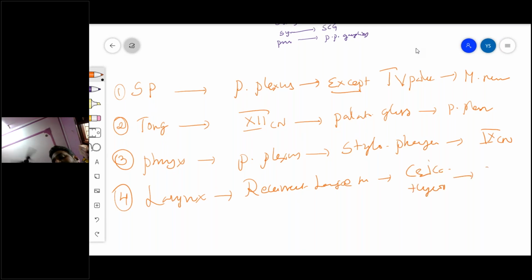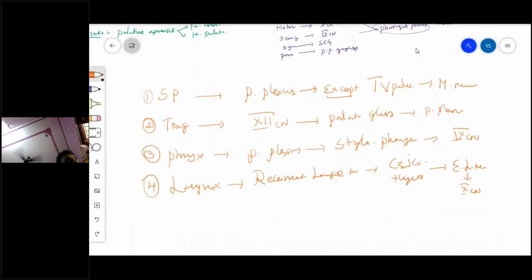This is supplied by the external laryngeal nerve, that is the branch of the vagus nerve. This one is an oral question in the exam. In the head and neck region, groups of muscles are supplied by the same nerve or same plexus.